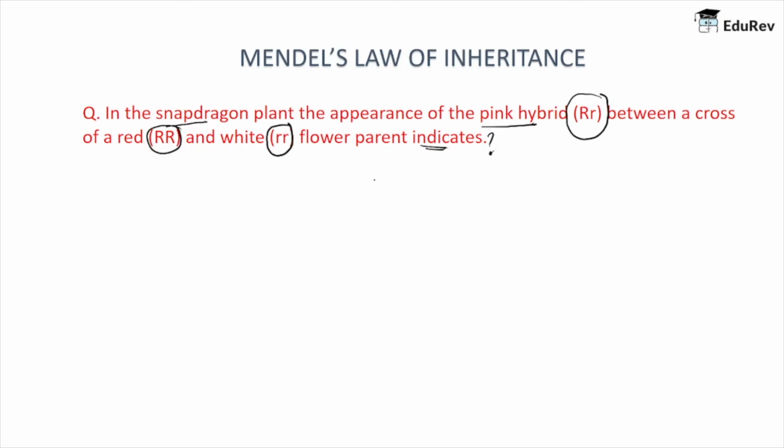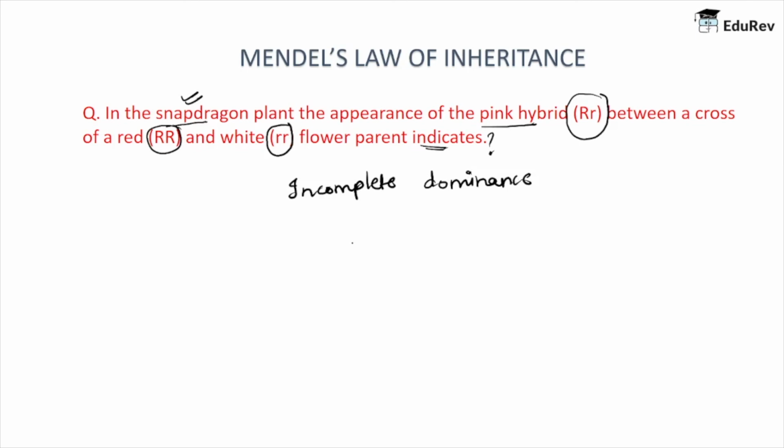What does the appearance of the pink hybrid plant indicate? It indicates incomplete dominance, which is seen in which plant? Snapdragon plant, as we have discussed.